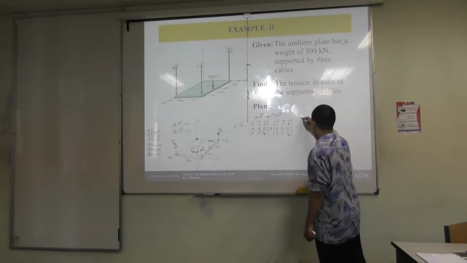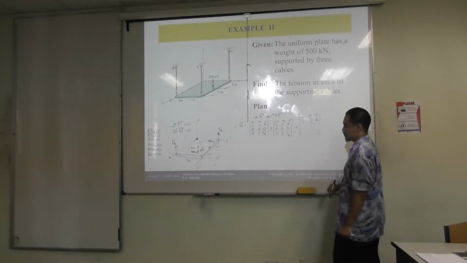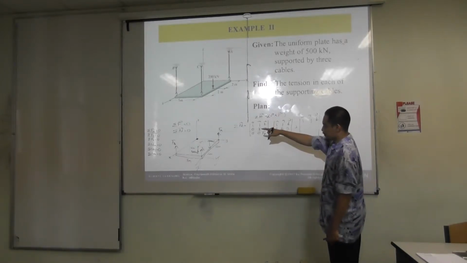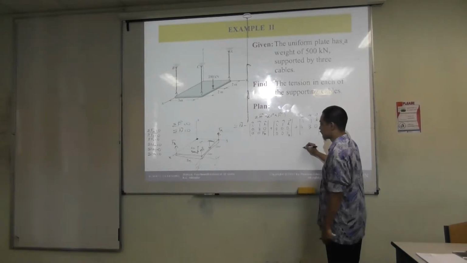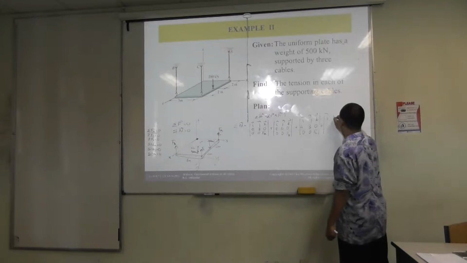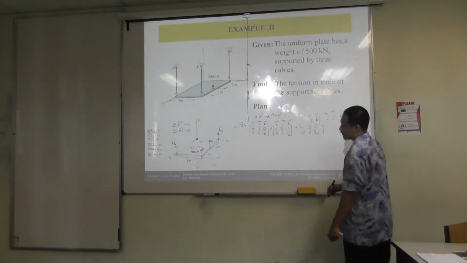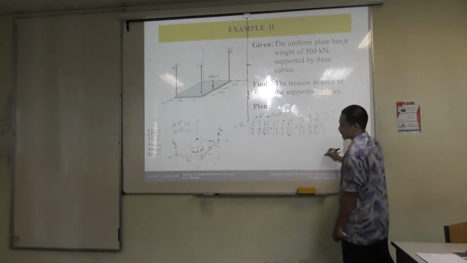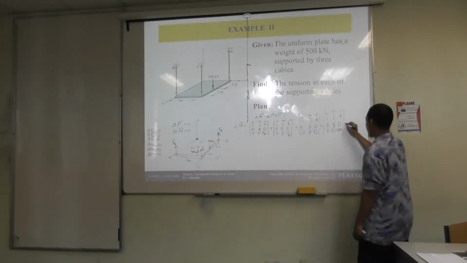And plus, for Fc, 4, 3, 0, 0, 0, Fc. For the 200, 0, minus 200.